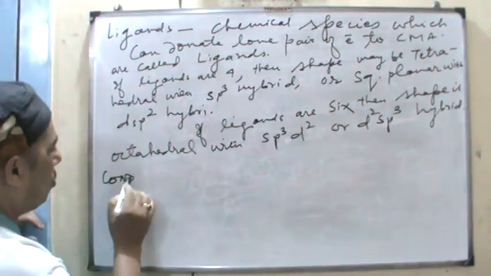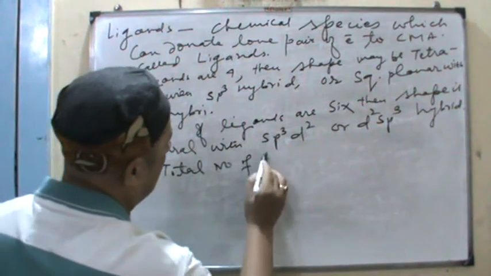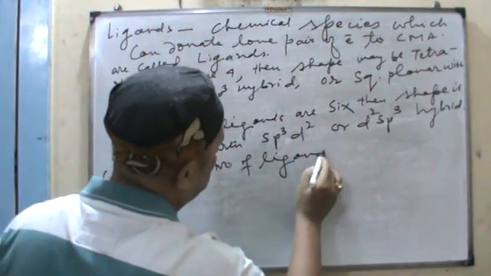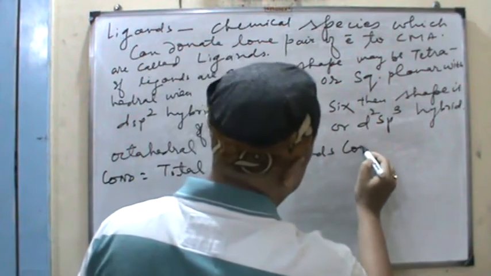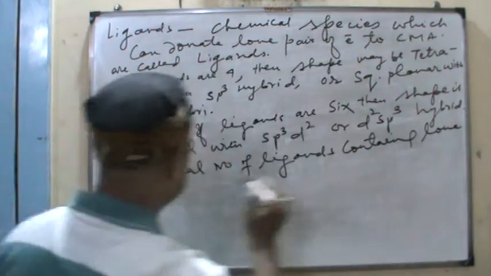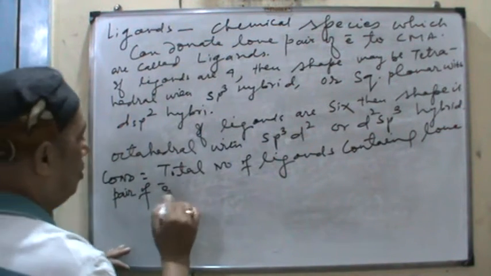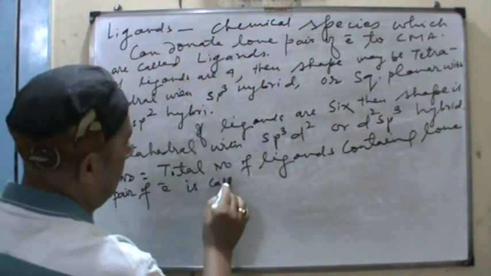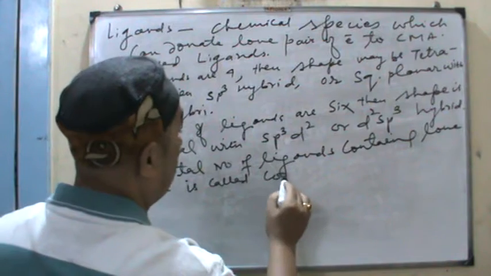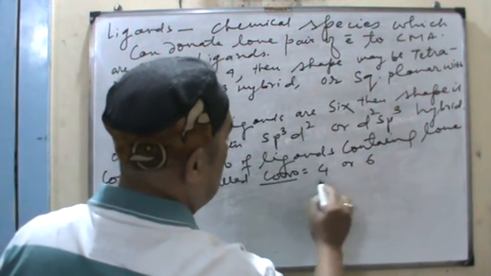Then coordination number. Total number of ligands containing lone pair of electron is called coordination number. It can be 4 or 6.